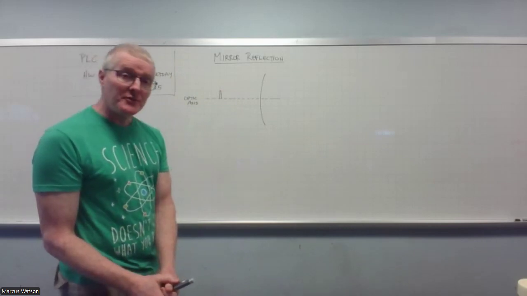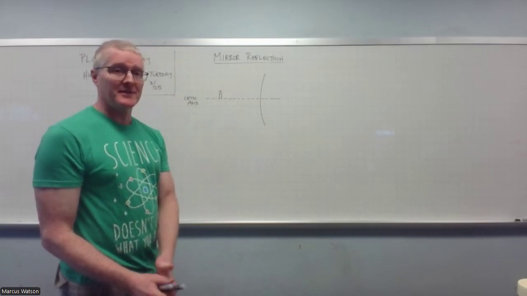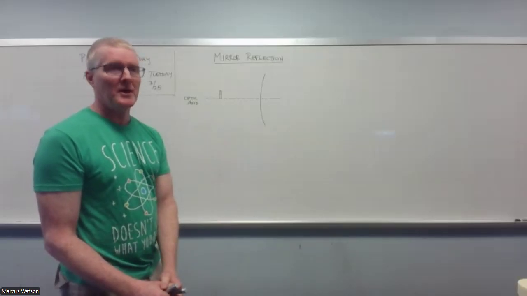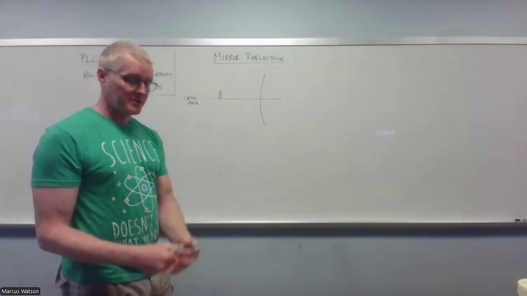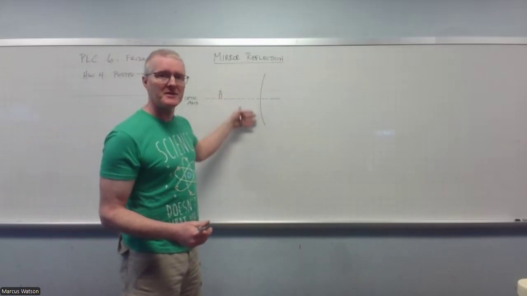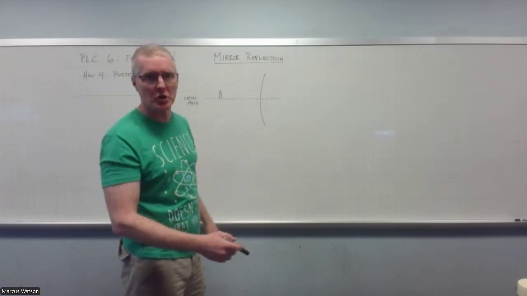Now, here comes a few more approximations. I'm going to approximate the height of this candle as being fairly small. In other words, what I want to do is imagine that this mirror is an arc of a sphere, okay? Or if you like, because the way we drew it, it's the arc of a circle.